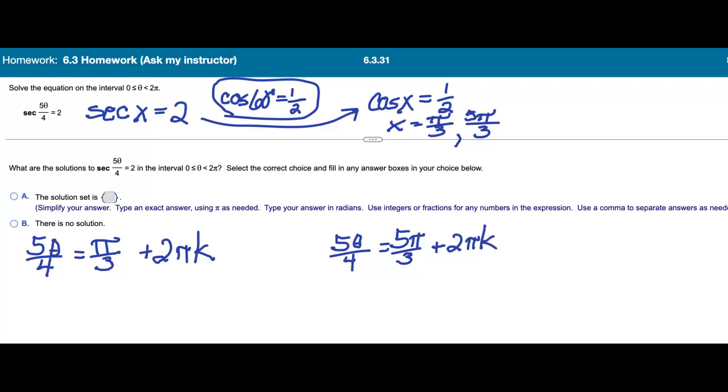Now, to solve these equations for theta, what I need to do is multiply both sides by 4/5, right, to get rid of this 5/4. So if I multiply the left side by 4/5, all this stuff's going to cancel out. And whatever I do on one side of the equation, I've got to do on the other. So I'm going to multiply pi over 3 by 4/5. And I'm also going to multiply 2 pi k by 4/5.